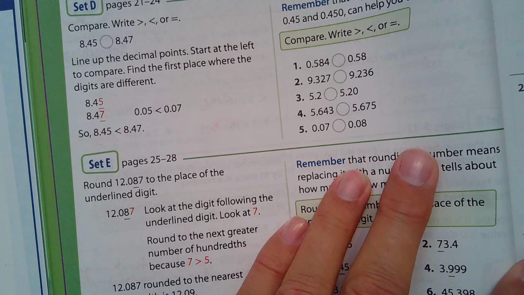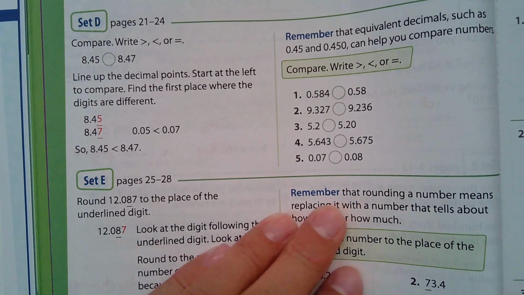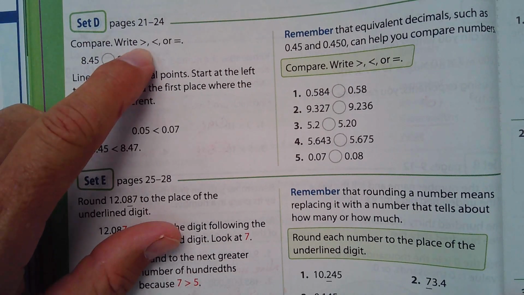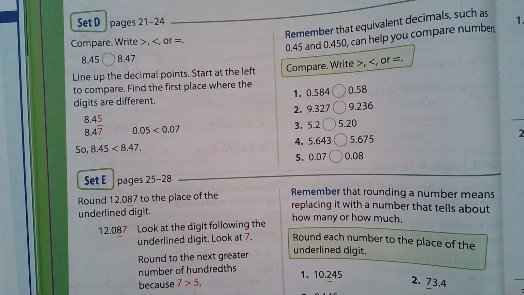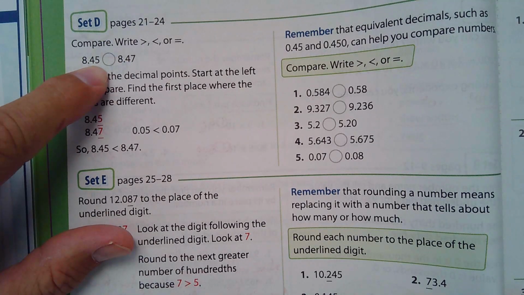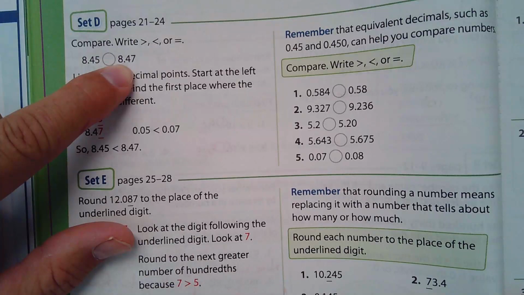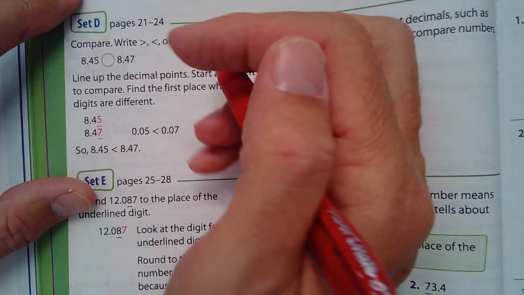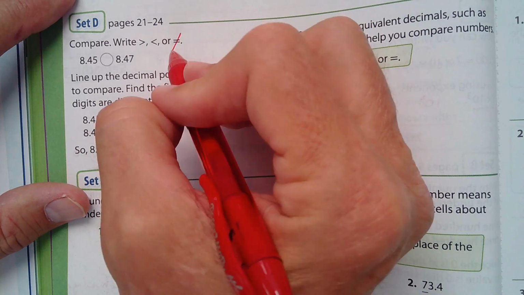All right, again, this is just informative. It says compare, and looks like you're either going to write greater than, less than, or equal to. So 8.45 is greater than, less than, or equal to 8.47. Well, first off, you know it's not equal to because they're not the same numbers, so that's not it.